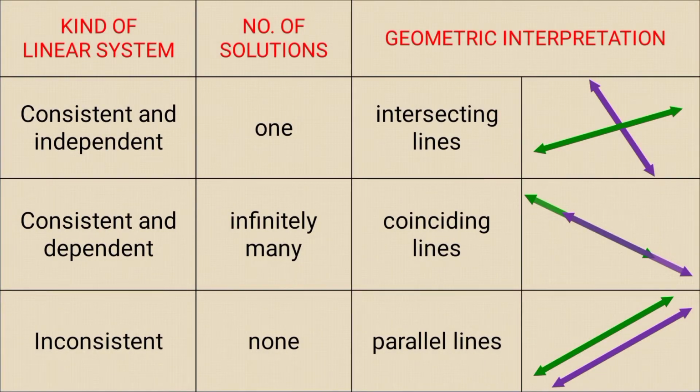So we have three kinds of linear system. First is consistent and independent, with one solution, and the geometric interpretation of the graph of the lines is intersecting. The second kind of linear system is consistent and dependent, with infinitely many solutions, and its geometric interpretation, the graph of the lines, are coinciding lines.